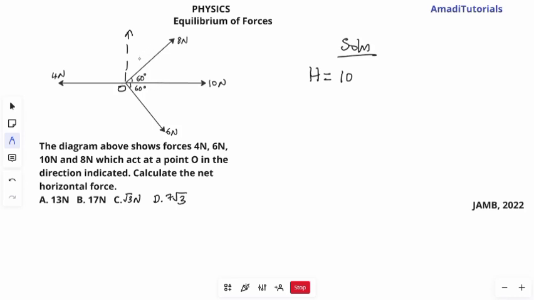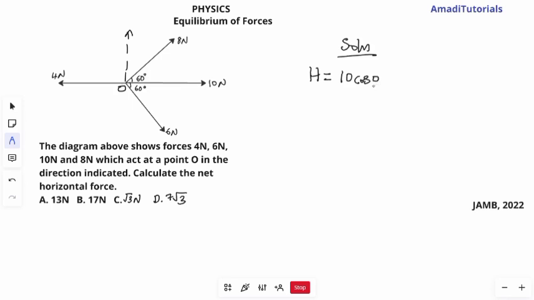But if you still want to resolve it, that would be 10 cos 0, because its angle with respect to the horizontal is 0. 10 cos 0 still gives 10 because cos 0 is 1.